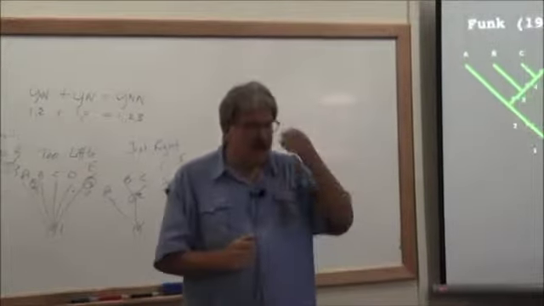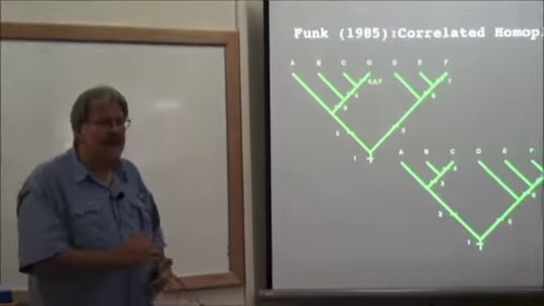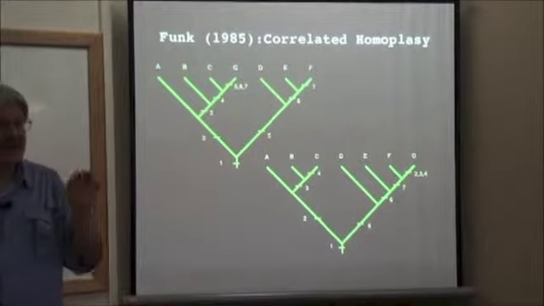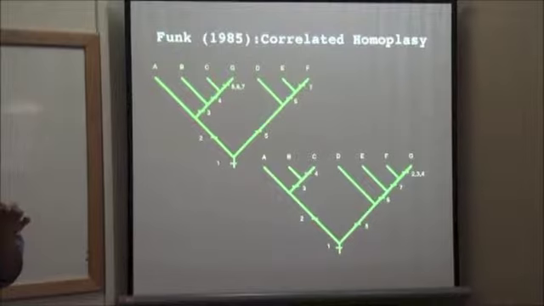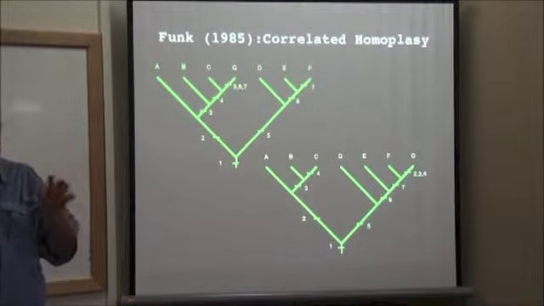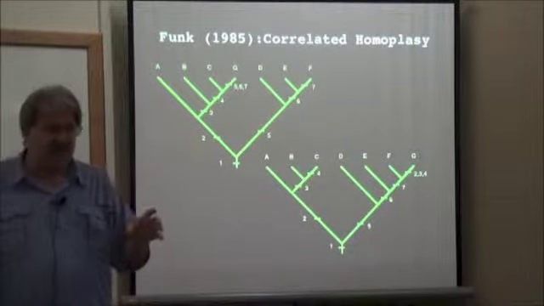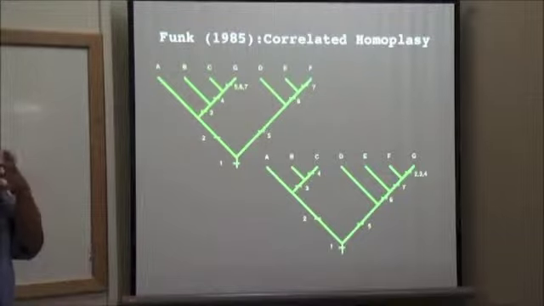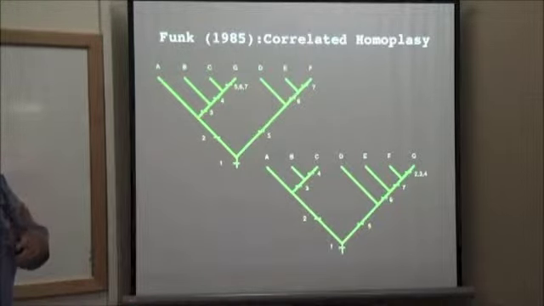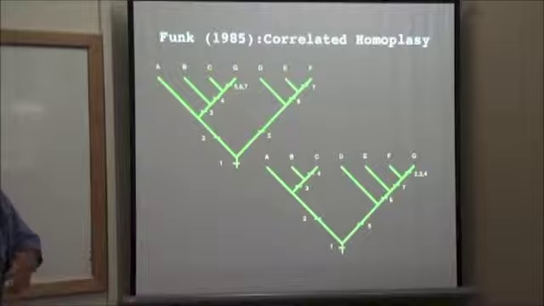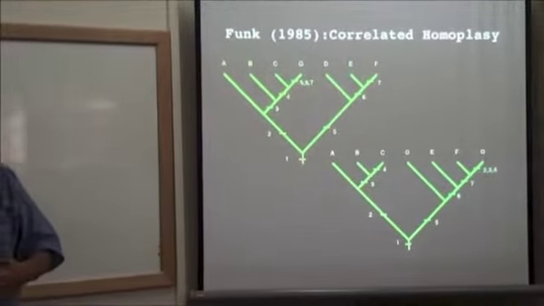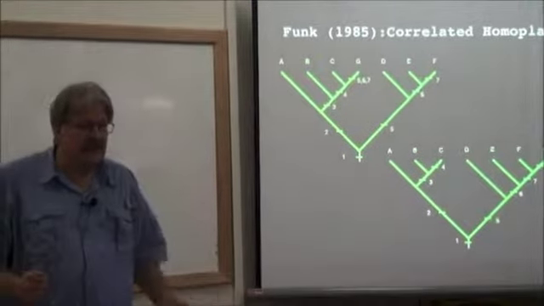Well, what she did that nobody wanted to pay any attention to was, Vicki wrote a paper saying we need to look for patterns in the homoplasy. We need to look for correlated homoplasy. We need to understand that sometimes homoplasy gives us general patterns. Nobody wanted to hear that because we were still thinking, okay, the only general patterns of character change you can get are homologies. And if we allow homoplasies to be correlated, then phylogenetic systematics collapses.